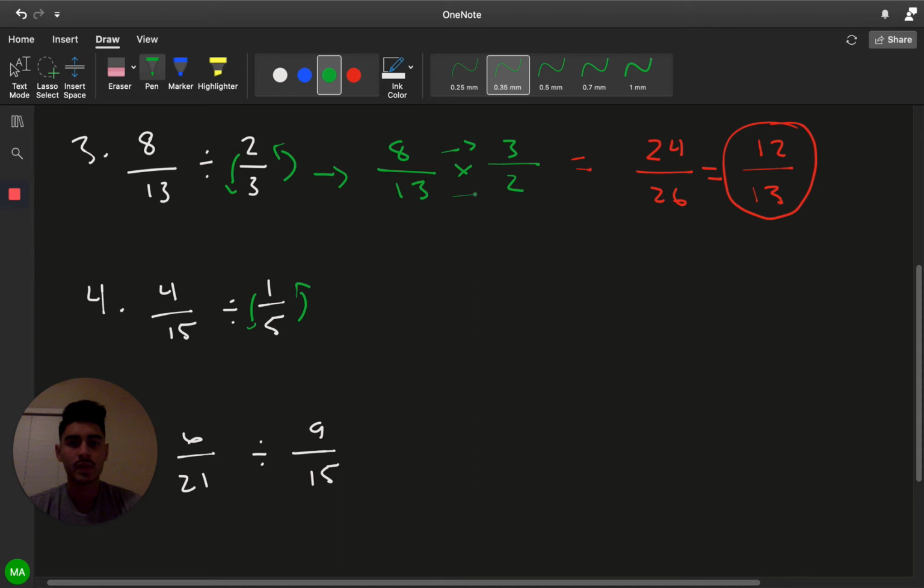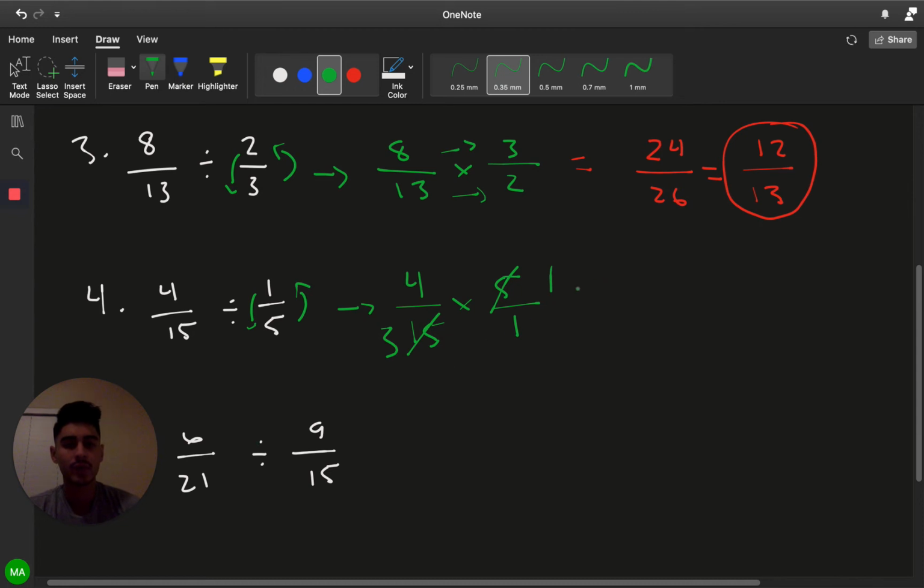Let me give you the answer there. So this becomes 4 over 15 times 5 over 1. So if you guys are finding this really easy, one cool thing you can do is you can go ahead and reduce these numbers up here. This number can reduce to 1 if you divide it by 5, and if you divide this by 5, that becomes 3.